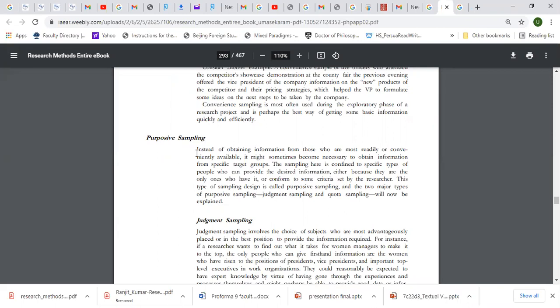Whatever information is required to complete the purpose of your research, you take that specific target group or specific people through purposive sampling. Purposive sampling is divided into judgment sampling and quota sampling. Judgment sampling is when you choose the subjects who are most advantageously placed, in the best position to provide the information required.